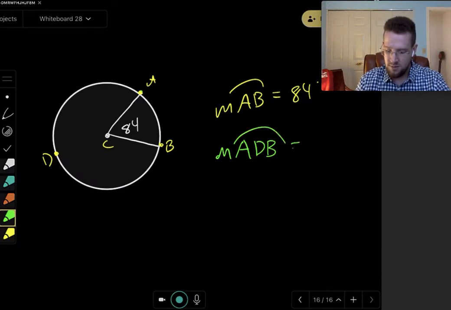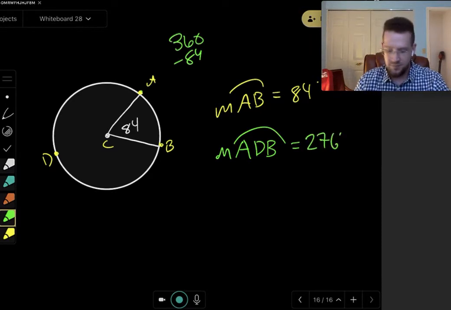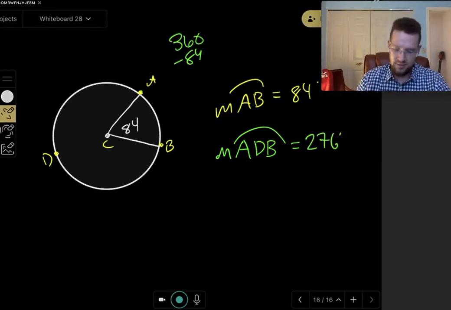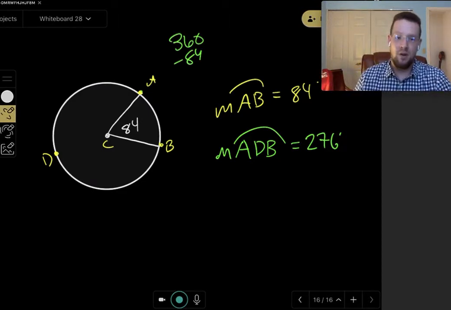And this again will be 360 minus 84, just the rest of it. And so this one would be 276. So we have these ways to measure the degrees of the arcs.